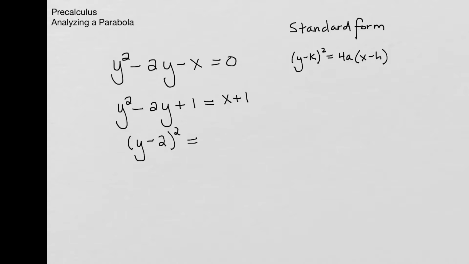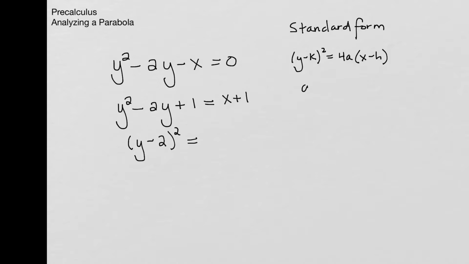On the right side of the equation, notice that I have to be in the format 4a times the quantity x minus h. So I need to figure out what a is and put this in that format. In this problem, a has to be 1/4 in order for the coefficient of x just to be 1.